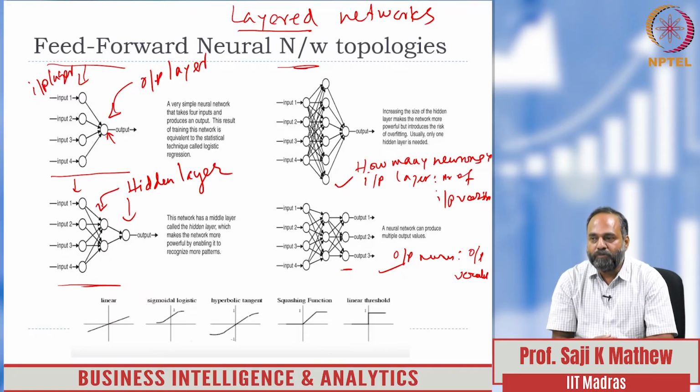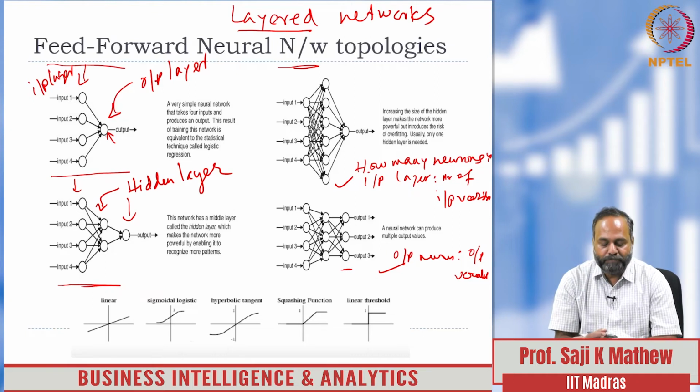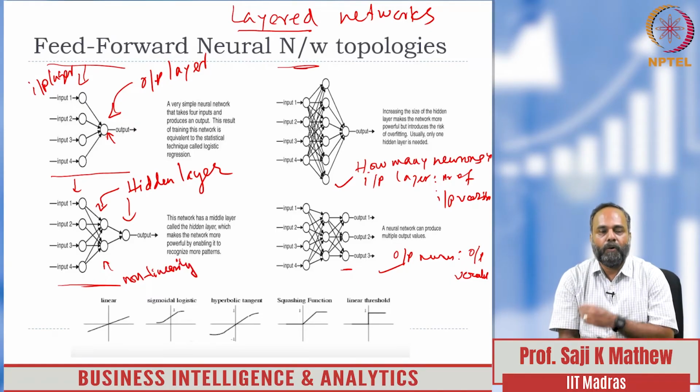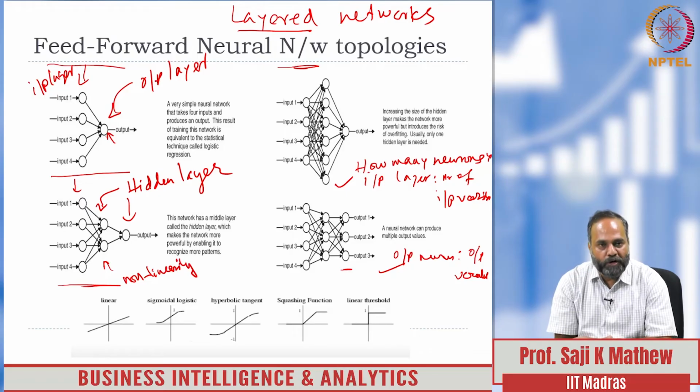And now we ask this question, why do you need a hidden layer? Hidden layer is useful in data analysis to capture non-linearity. If you have non-linear data, then in order to capture non-linearity, hidden layers are useful.